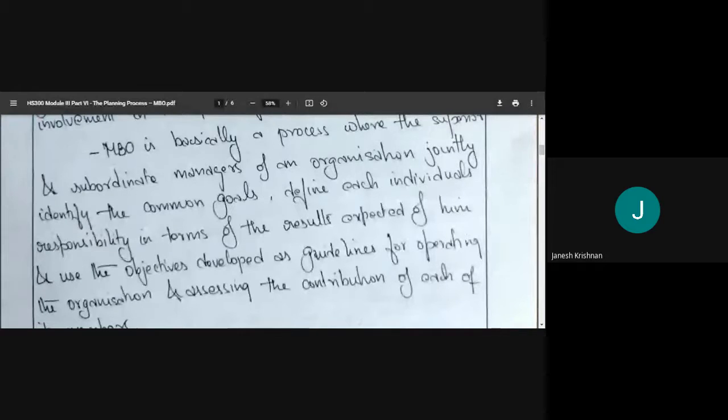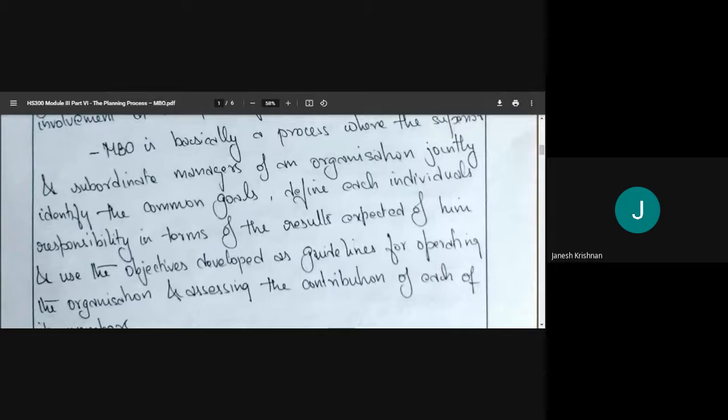Then define each individual's responsibility in terms of the results expected of him. What is the responsibility of each member?